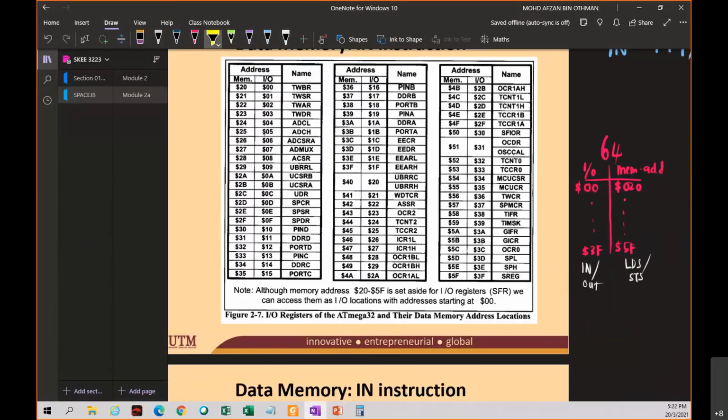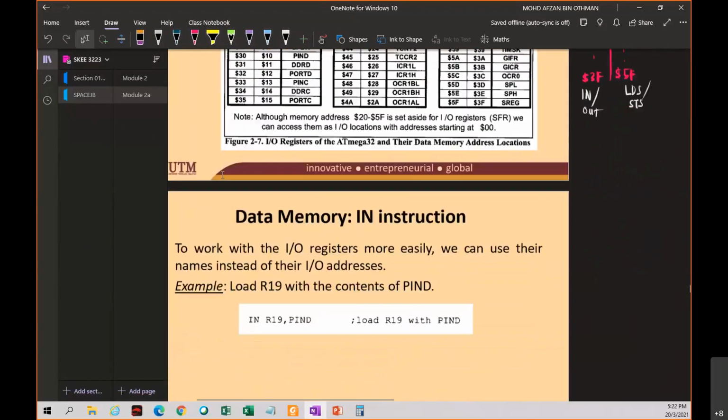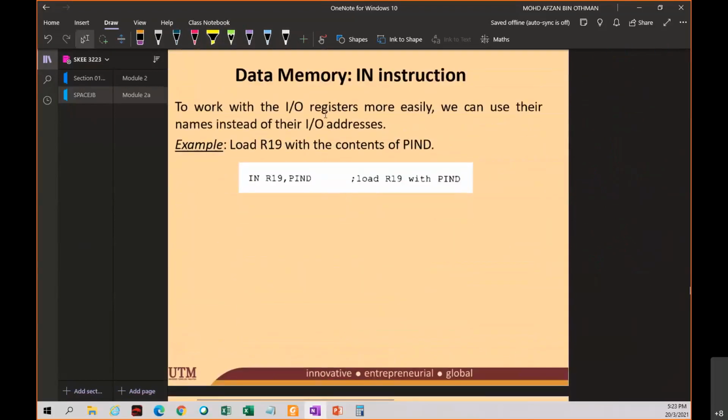Okay, so this is the register name lah. Ada register name tadi saya dah tunjukkan yang mana kita nak guna dalam kelas ini. To work with IO registers more easily, we can use their name instead of their IO address. The advantage of using the in and out instructions, kita tak perlu pun ingat dia punya IO address.